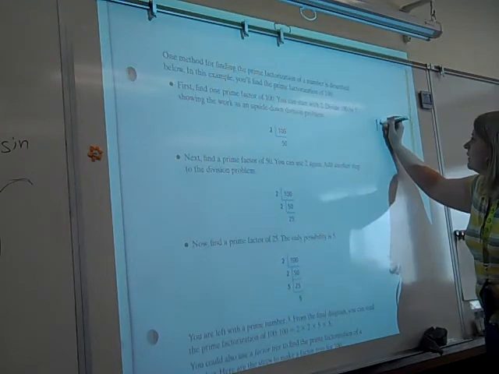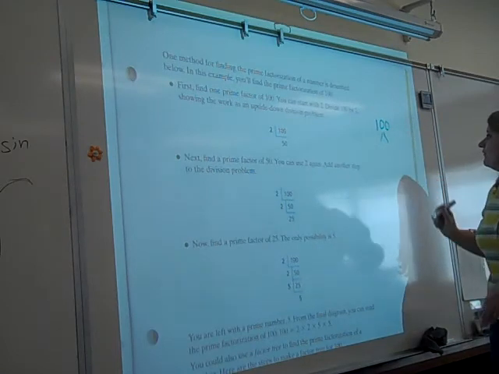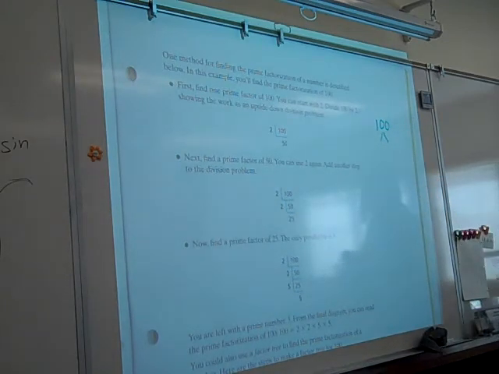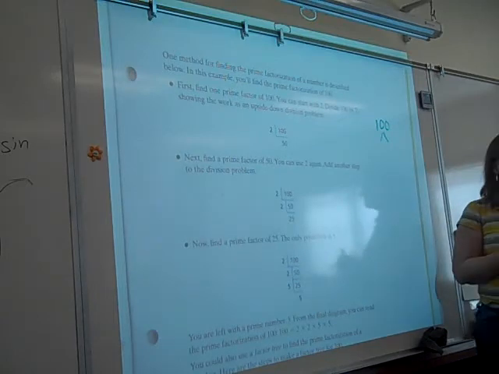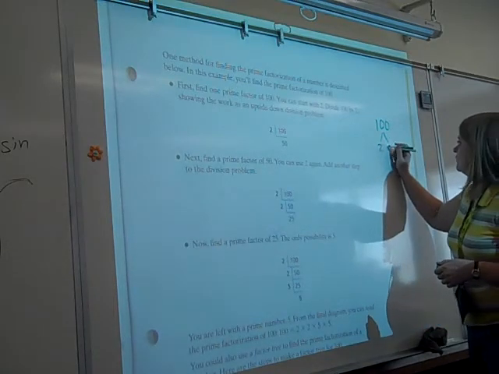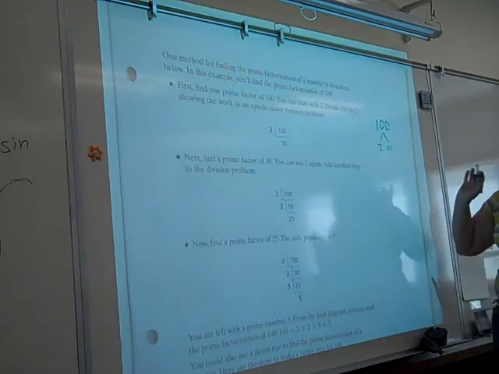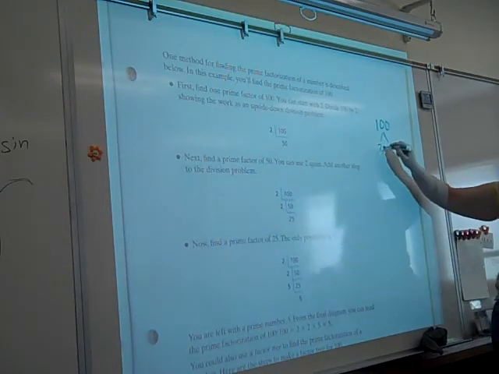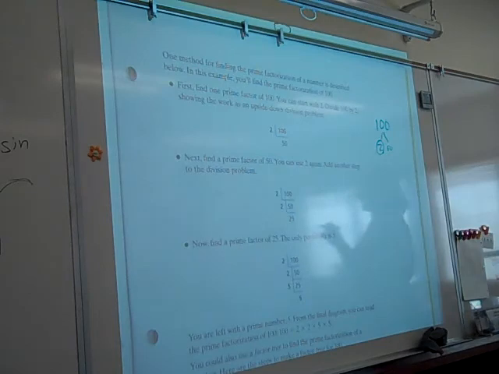So if we've got 100, we're going to find a factor pair that we can multiply together to get 100. 2 times 50. All right. Now, any of them that are prime, we can circle, and we know that that's going to be part of our prime factorization. And then for 50, what can we multiply together to get 50? 25. Yes.